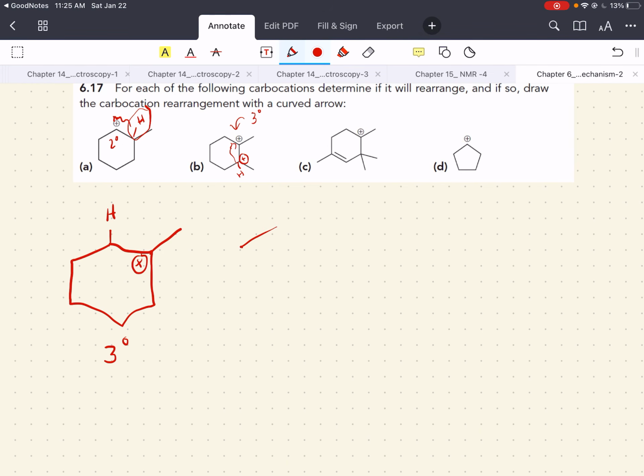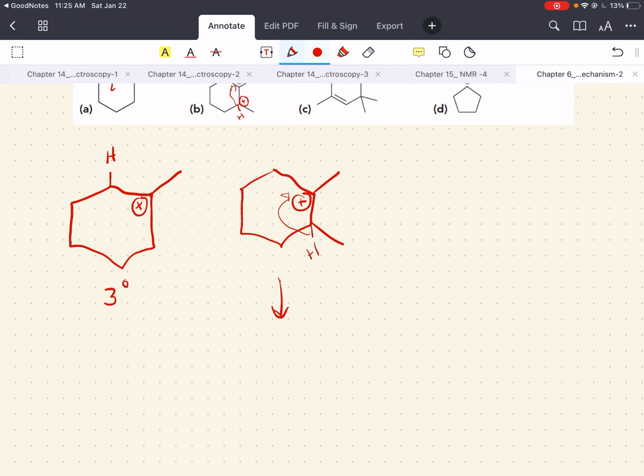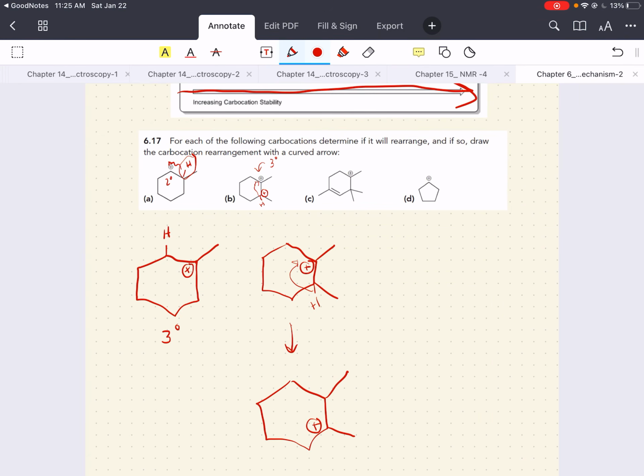So it's already as stable as can be. We have a tertiary carbocation already. If we wanted for some reason to move the hydrogen over here, all we'll get is another carbocation that looks exactly the same. So no shift is going to occur for B.